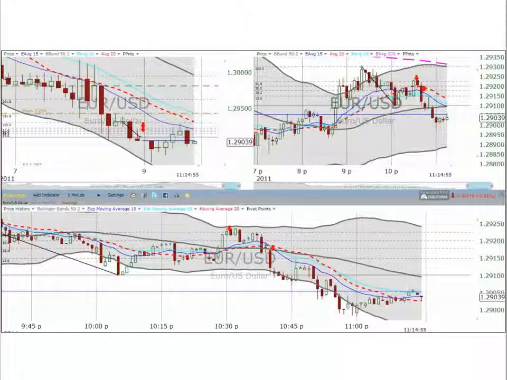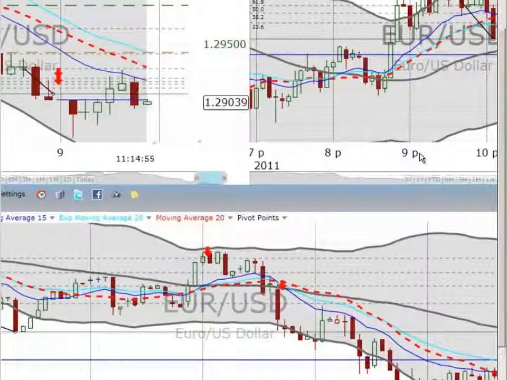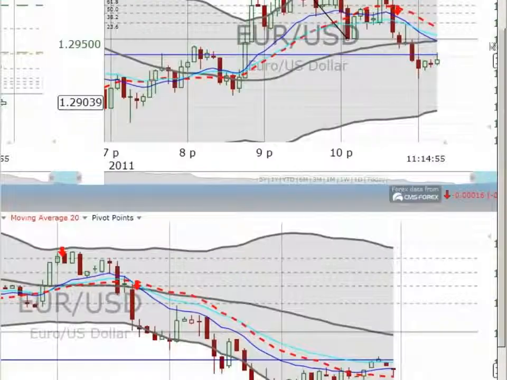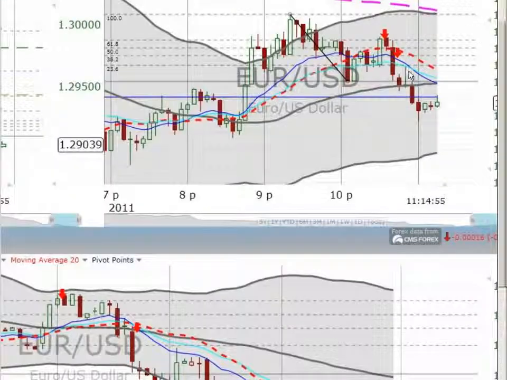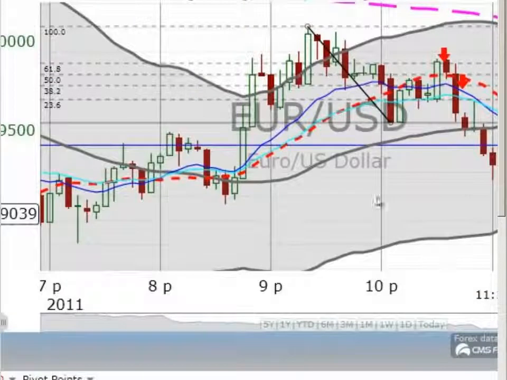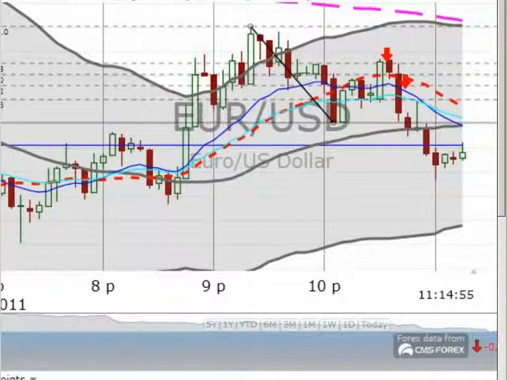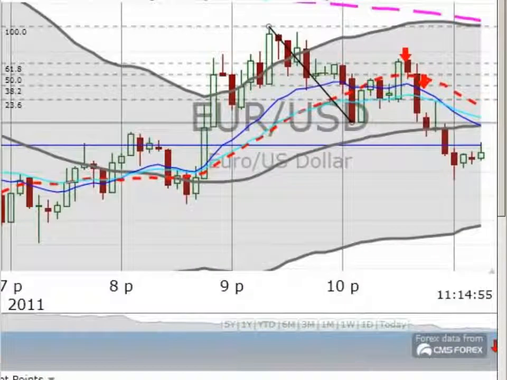This is Euro USD on January 9th. So again, if you wanted to draw the uptrend, you could connect this low here to that high here. So that would be lasting an hour.